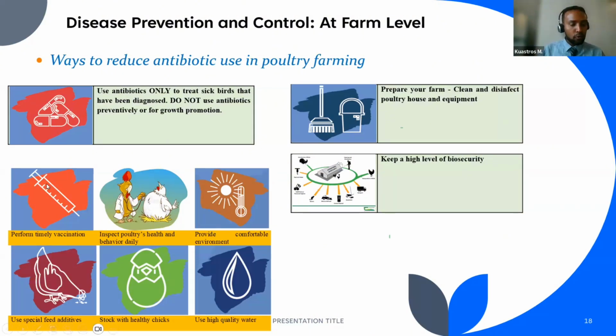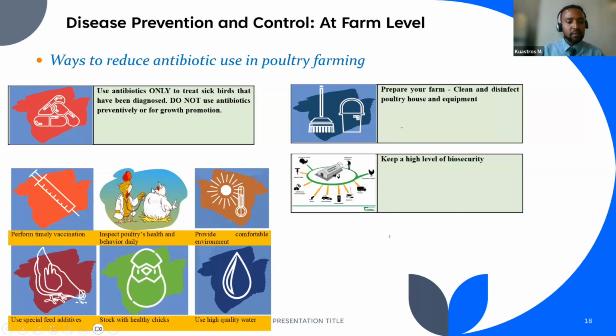And of course, vaccination is also one of the best strategies in poultry farms to really prevent and control disease. And regular inspection of the behavior of the birds in the farm, in the flock. Some animals show very unique signs when they get sick or become infected.